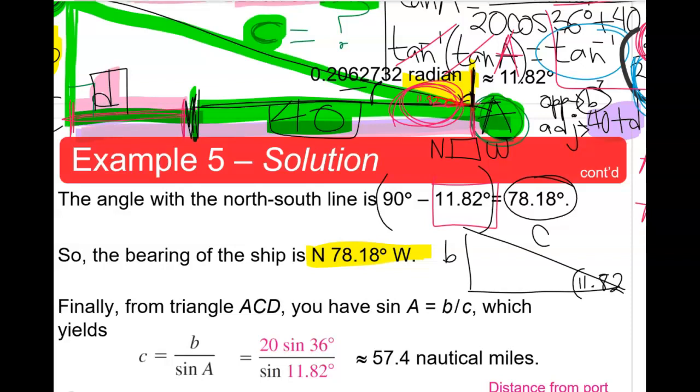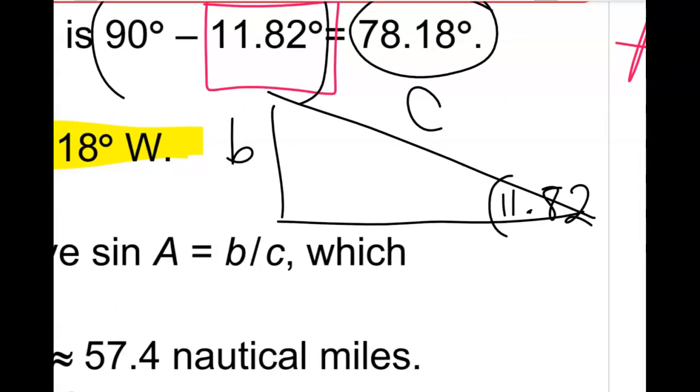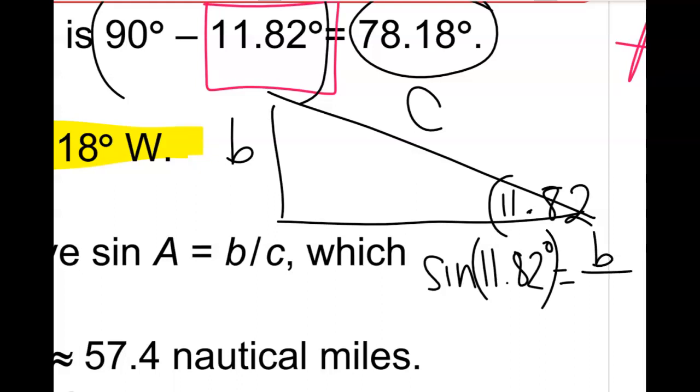So the sine of 11.82 degrees is equal to opposite, which is B, over hypotenuse, which is C. And if we want to solve for C, we will have to get it out of division first. So we could move it across.